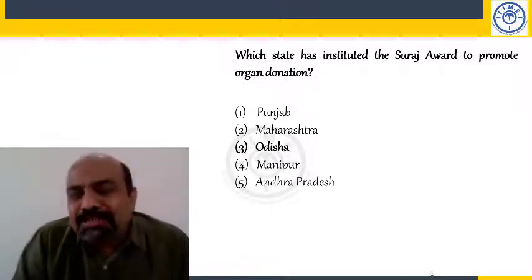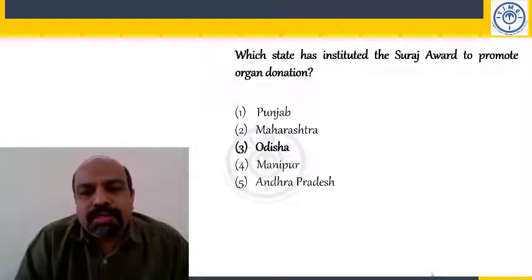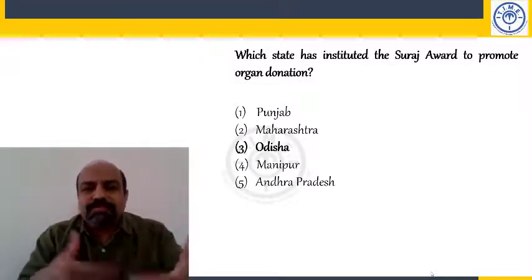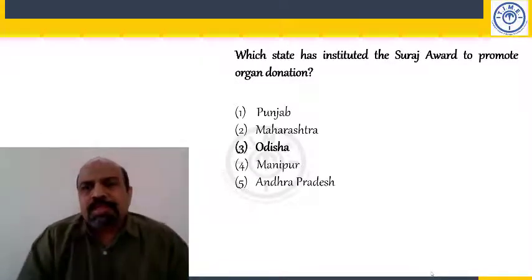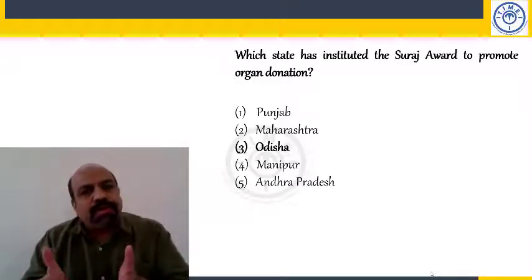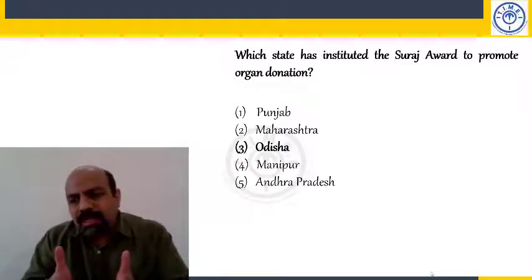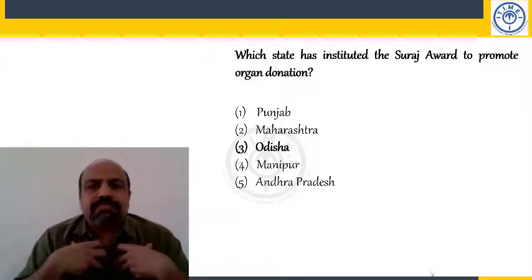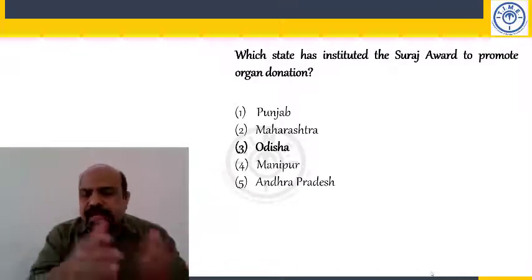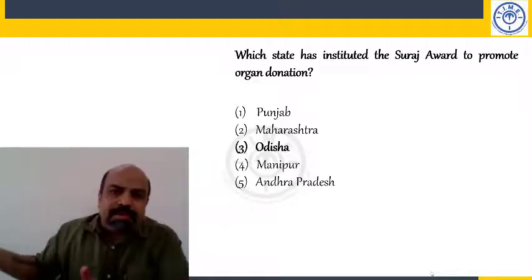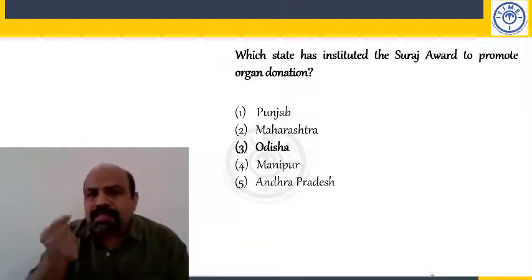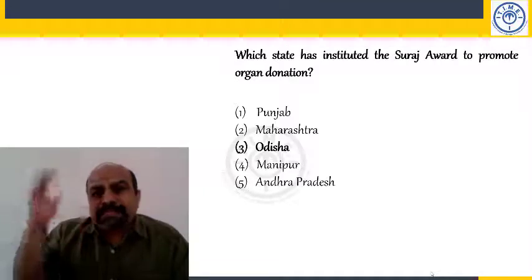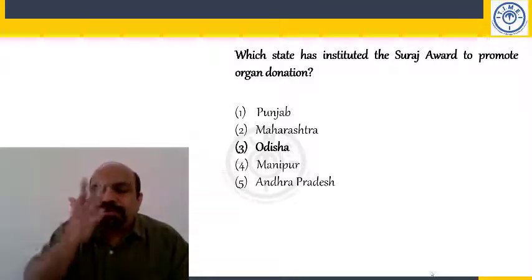Which state has instituted the Suraj Award to promote organ donation? Odisha. So some questions will just go fast. Organ donation is not popular in India because our cultural sensibilities say that if I pledge my eyes, when I die, my family gives away my eyes, cornea is replaced, it means in the next birth I will be born without eyes.